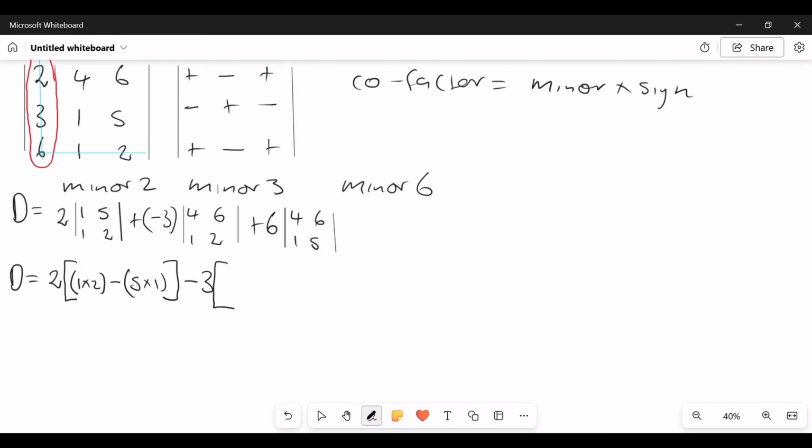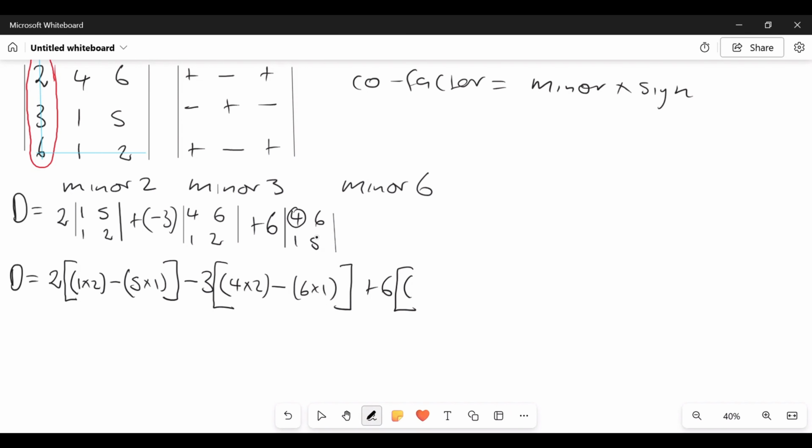And then we're going to do similar there. We're going to multiply the first entry and the last entry, which is 2, multiplied by 4. So 4 multiplied by 2 minus the second entry multiplied by the third entry, which is 6 multiplied by 1. There we go, guys. So we do the last one where we have +6 as our minor, and we do the very same thing.